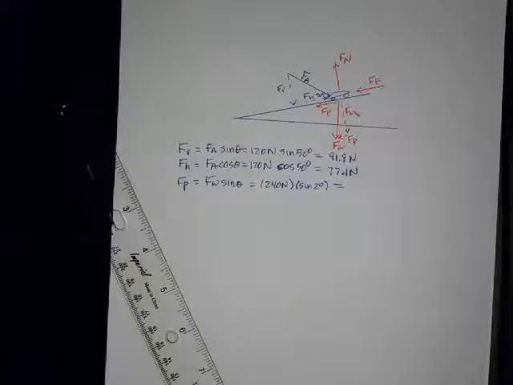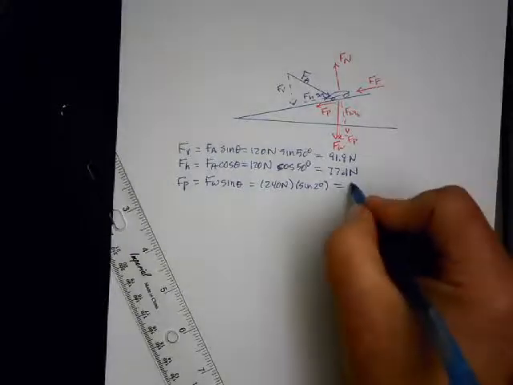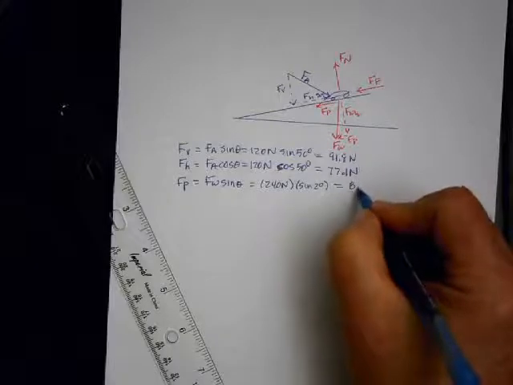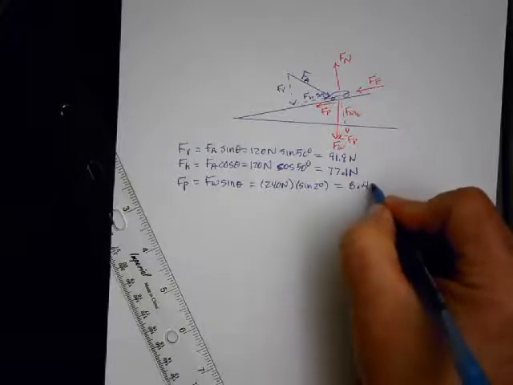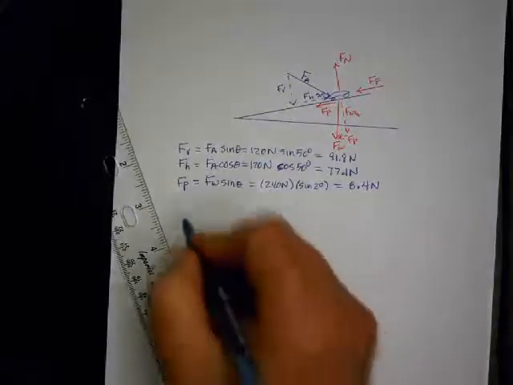The perpendicular component gets cosine.